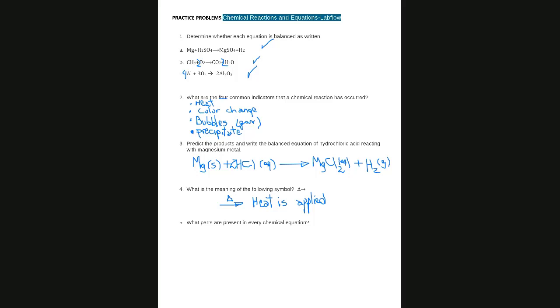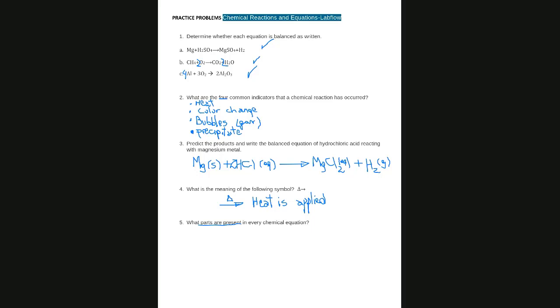And then the last one is not very clear. I'm using some of the words that they use in Labflow. Some I don't like that much, but it says what parts are present in every chemical equation. So if you have a chemical equation, what are you going to have? You are going to have at least one reactant.